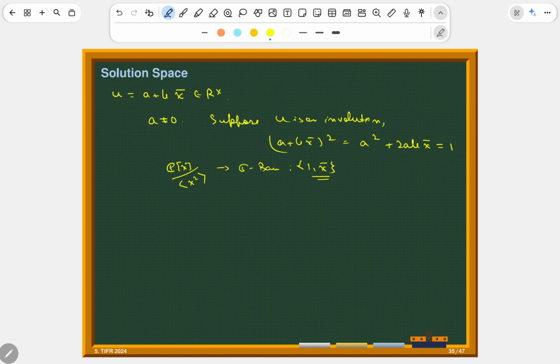Then what you typically get from here is that a squared is 1 and 2ab is 0. Okay. Now when can a squared be 1? a squared being 1 implies that a is plus or minus 1. Now if a is plus or minus 1 and 2 times a times b is 0, this should immediately imply that b has to be 0.